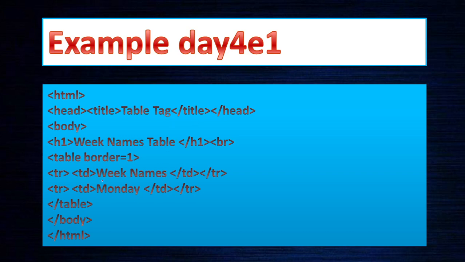Next, now we have only one row. This is the first row. Let us write the next row, the week names. Therefore, we'll add one more row, that is TR, TD, Monday, then slash TD, slash TR. We need to open the tag and we have to close the tag. You have to open the TR tag and close the TR tag. So same, we can copy and paste, and then instead of week names, change to Monday.